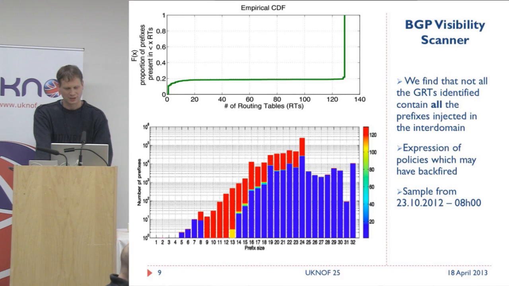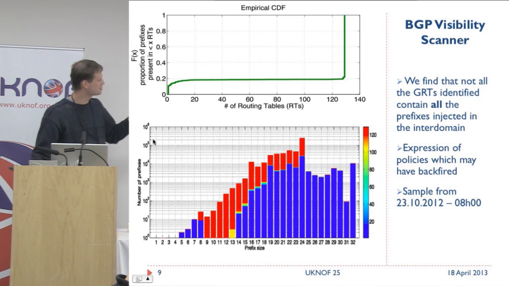When we look at this plot, the x-axis shows the prefix length, and the y-axis shows on a logarithmic scale the number of prefixes, so it's just a count: here you have 10, then 100, then 1,000, then 10,000, and so on.